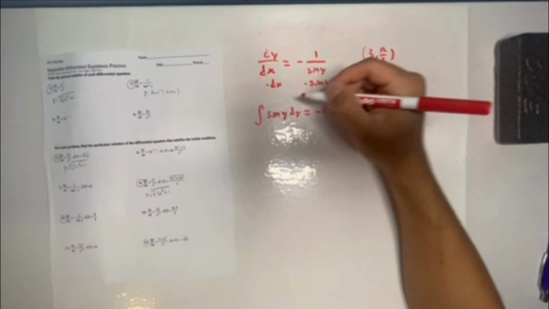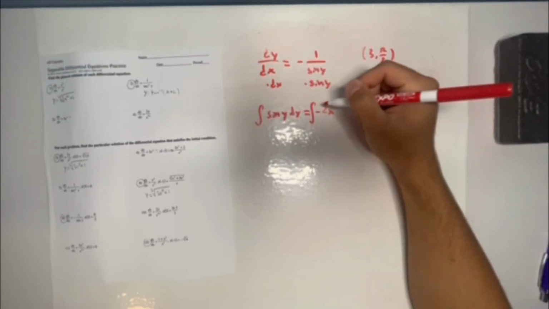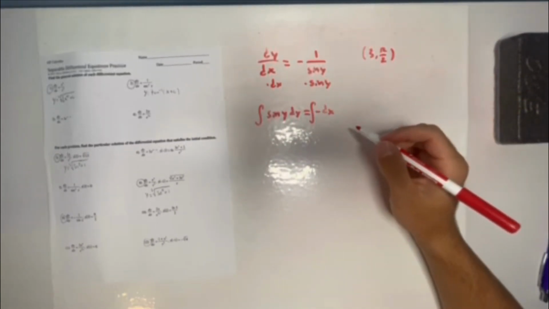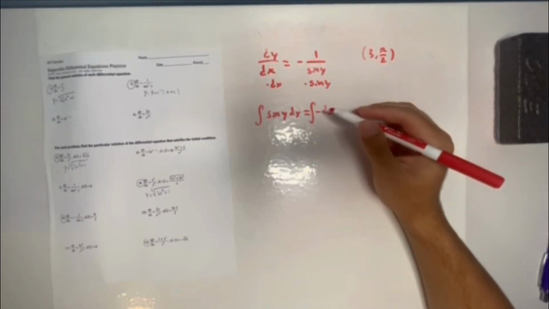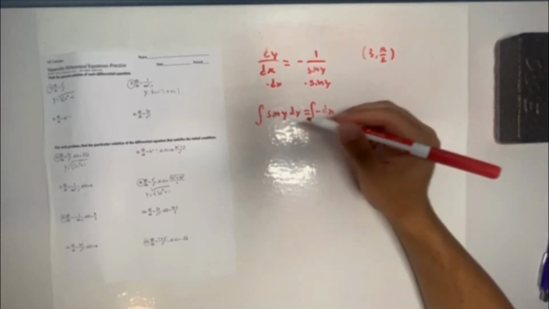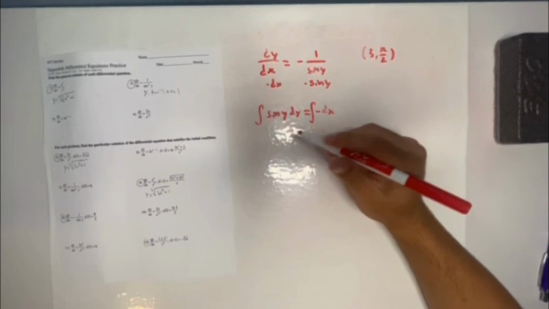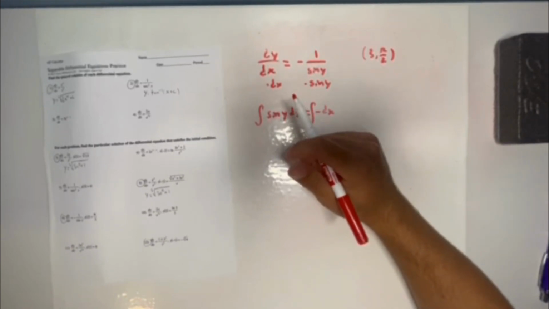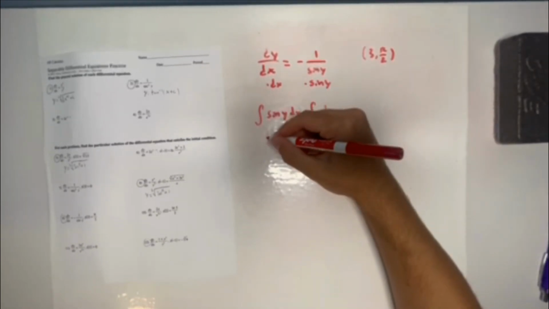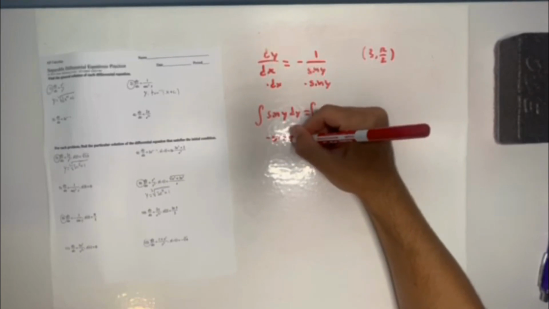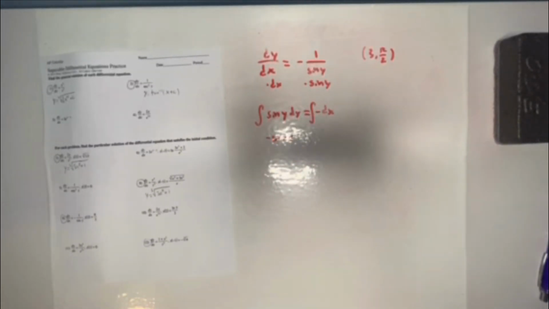Then, of course, sorry, I'm going to start going kind of faster because we've had some experience now. We're going to take the integral of both sides. So the integral of sine y is going to be negative cosine y. And really, with the trigonometric problems, you just have to think to yourself, what derivative gives me sine?